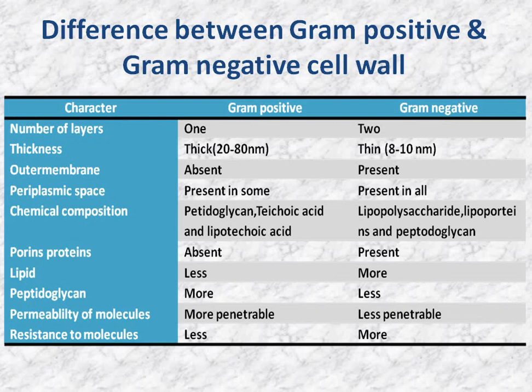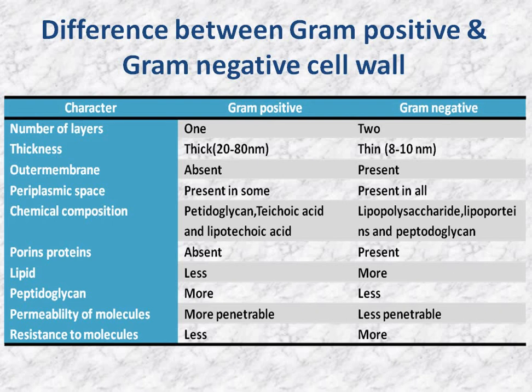In gram-positive, the peptidoglycan is very thick, about 20 to 80 nanometers, but in gram-negative, it is thin, about 8 to 10 nanometers. In gram-positive, there is no outer membrane outside the peptidoglycan, but in gram-negative, an outer layer made up of proteins and polysaccharides is present outside the peptidoglycan. The periplasmic space is absent in most gram-positive bacteria, present only in some, but it is present in all gram-negative bacteria.